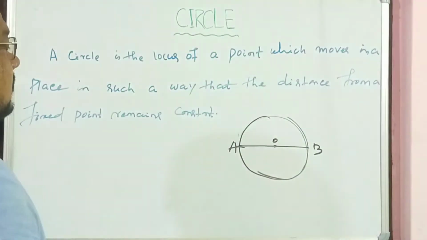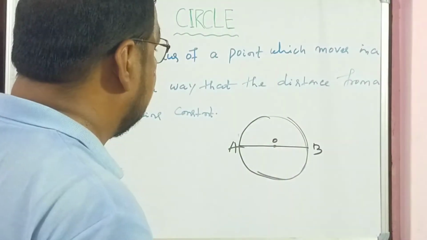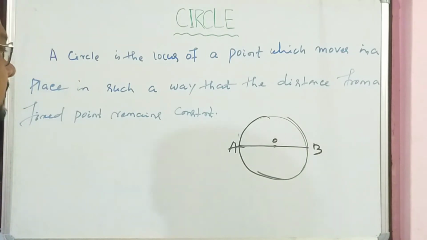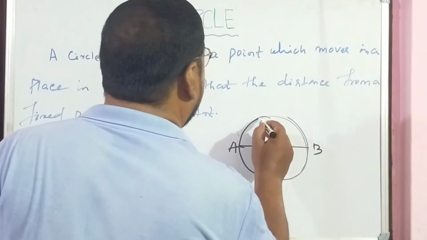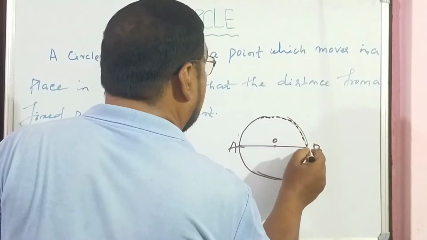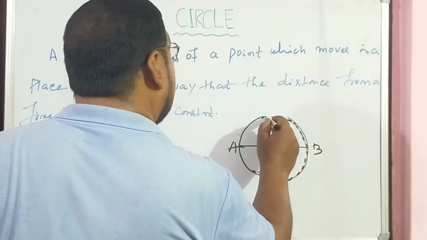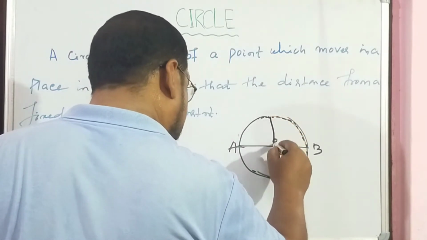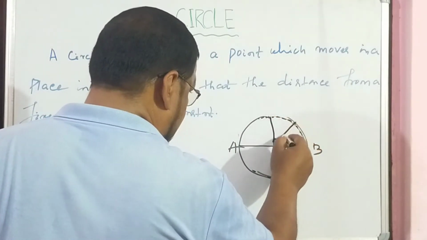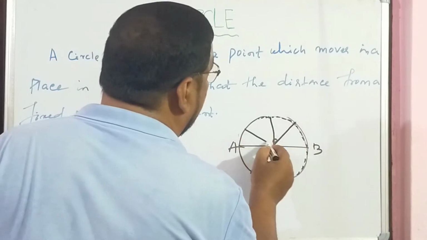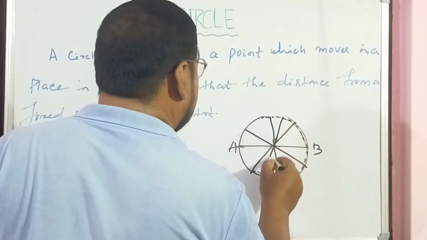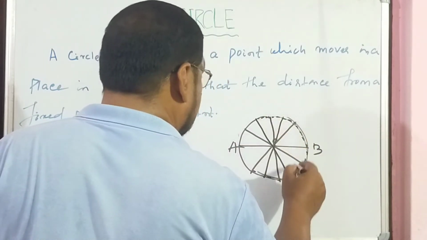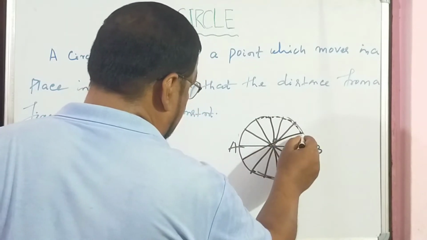How many diameters can we draw on a circle? Unlimited, because points on the circle are unlimited. If we join any 2 points on the circle passing through the center, that will be a diameter. So we can draw many diameters, and also many chords of a circle.